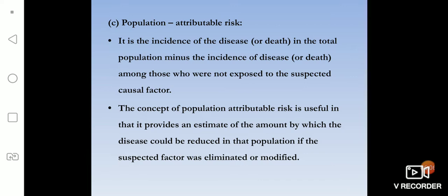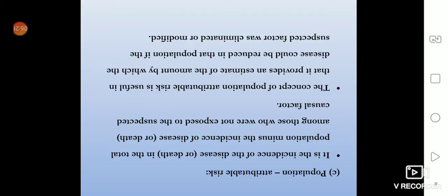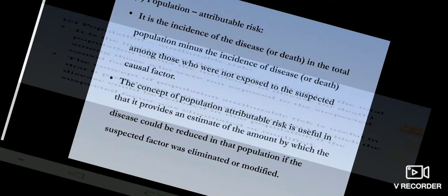Population attributable risk is useful in that it provides an estimate of the amount by which the disease could be reduced in that population if the suspected factor was modified or eliminated. So, the attributable risk will help us in how to reduce the disease burden among the population if that particular suspected factor is controlled.